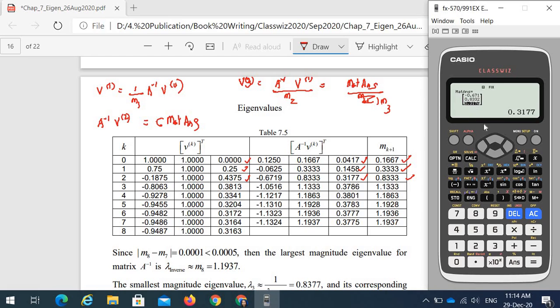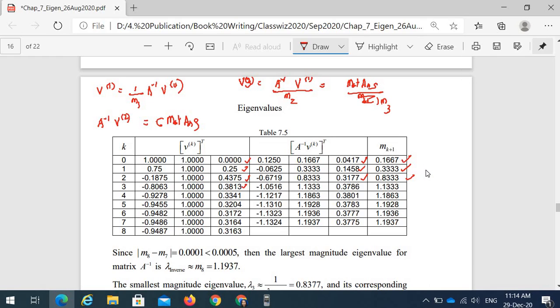So this one, max answer, divide by 0.8333. Let's round it a little bit.